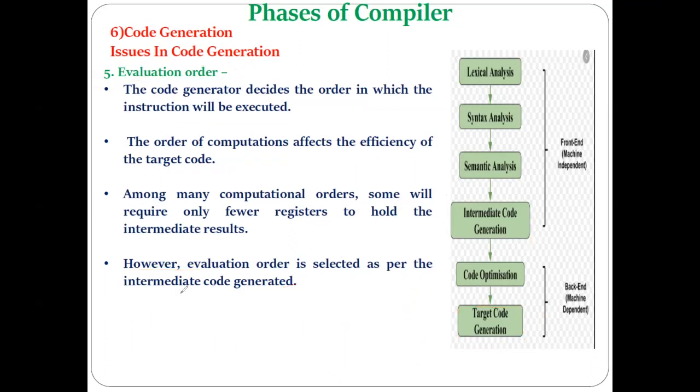The common approach is what? Whatever order is followed by the intermediate code generation phase, the same order can be followed by the target code generation phase for the computation of the instructions.